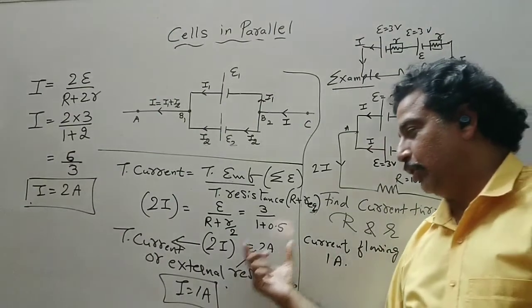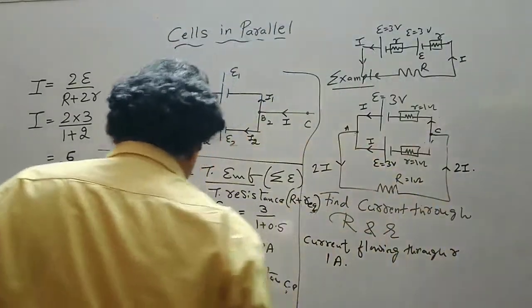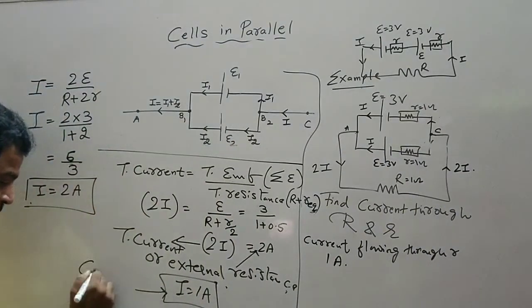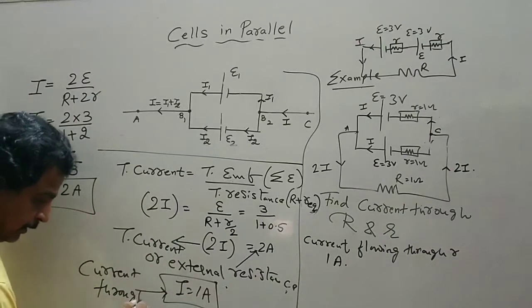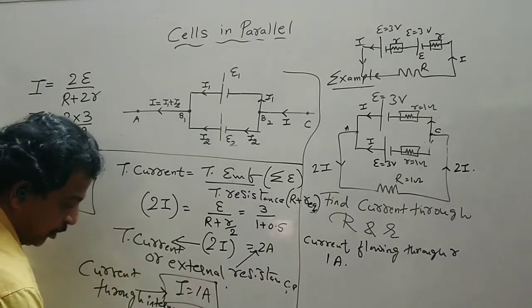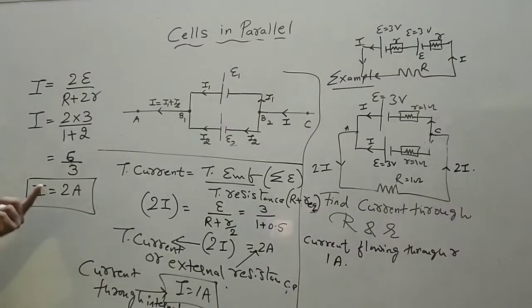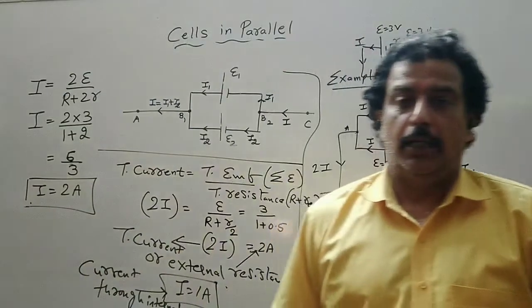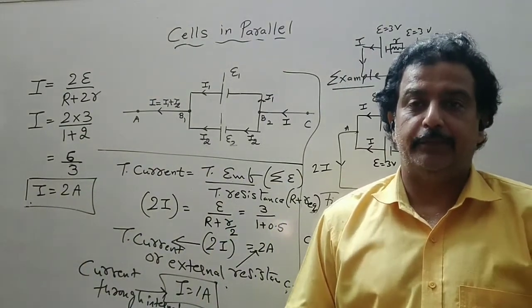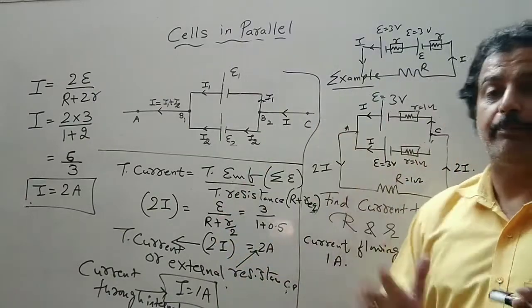The total current through the external resistance comes out to be 2 ampere, and this was the current through internal. So in parallel combination the current is divided, but in series combination, whether it is external or internal, the total current remains the same. So this is how we apply the concept of cells in series and parallel.